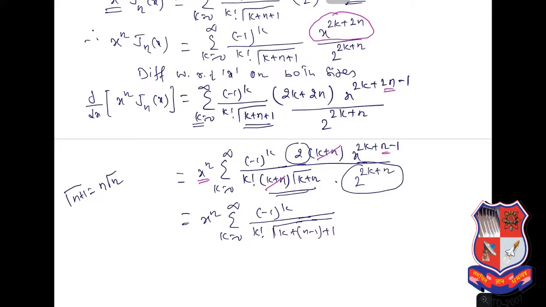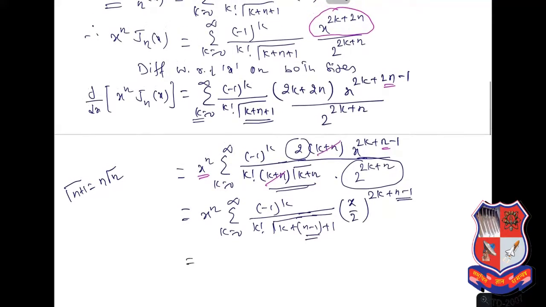You can take this 2 here. So that will be 2 power 2k plus n minus 1, and x also power 2k plus n minus 1. So this we can combine, and so that we can write as x by 2 power 2k plus n minus 1.